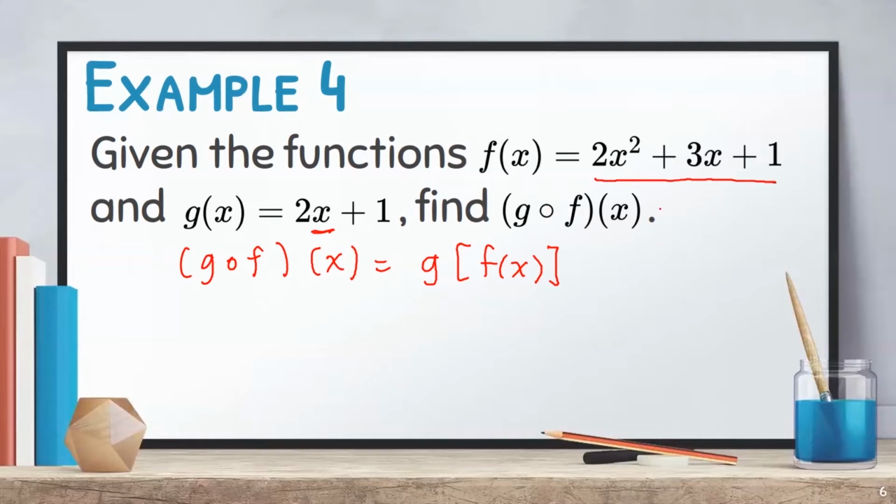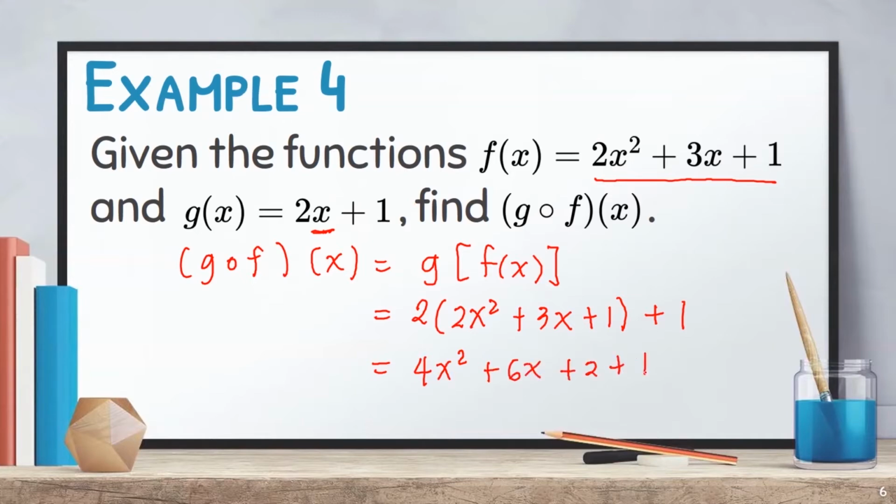x, which is 2x squared plus 3x plus 1. So this x will be changed into this function. So we will have 2 quantity or 2 times 2x squared plus 3x plus 1 and then copy plus 1 there. Okay. So distribute 2 to the trinomial inside, then you will have 4x squared plus 6x plus 2 and then plus 1.